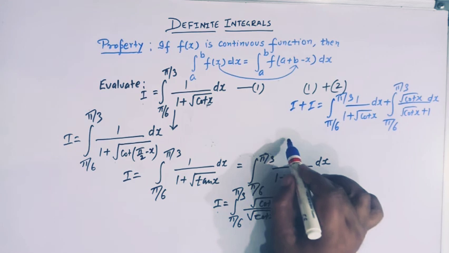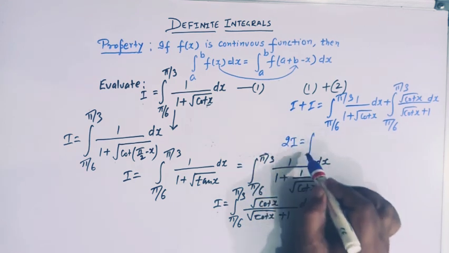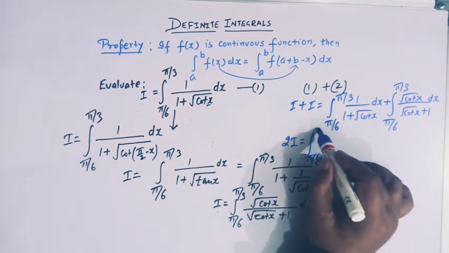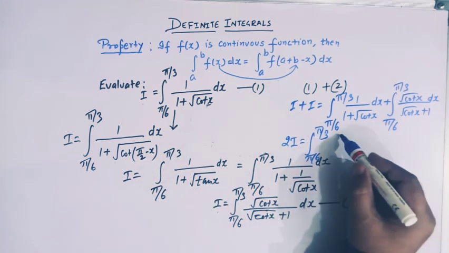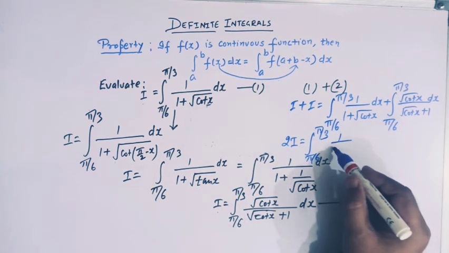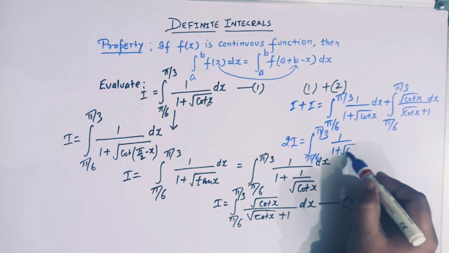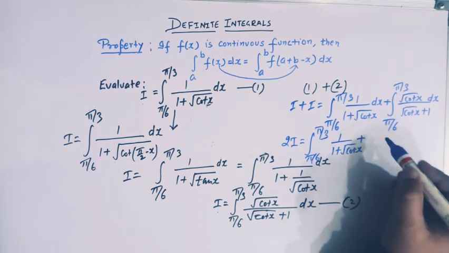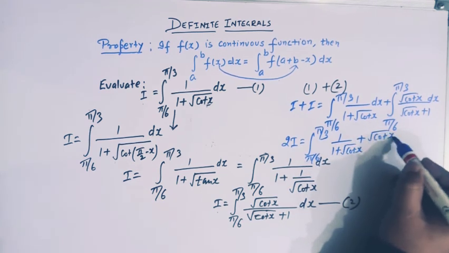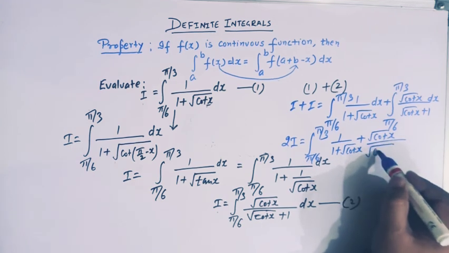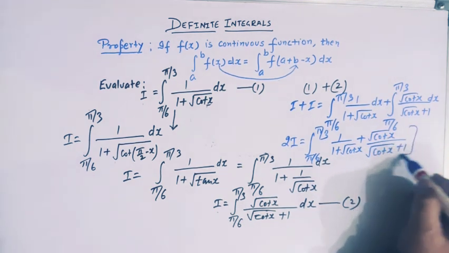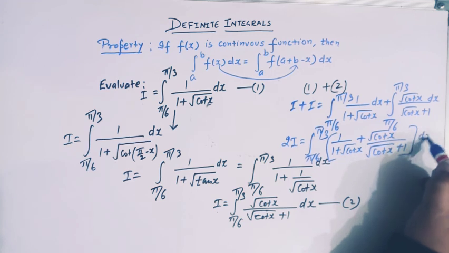So I plus I becomes 2I, and here we have pi by 6 to pi by 3, and we can write 1 over 1 plus square root of cot x plus square root of cot x divided by square root of cot x plus 1 dx, right?